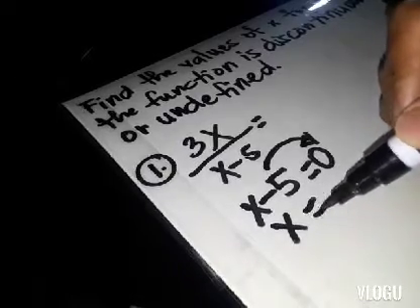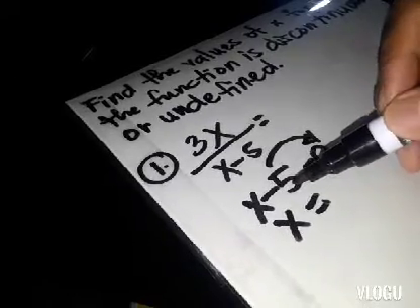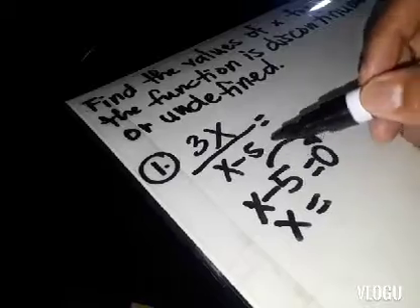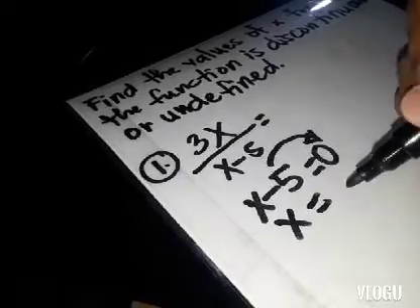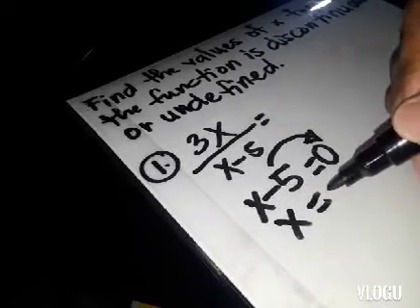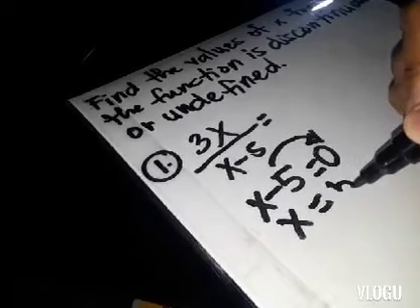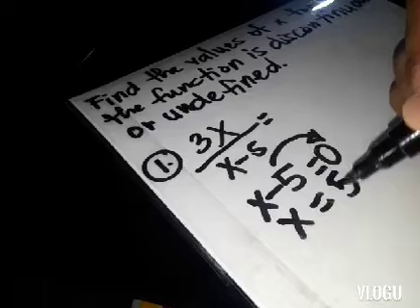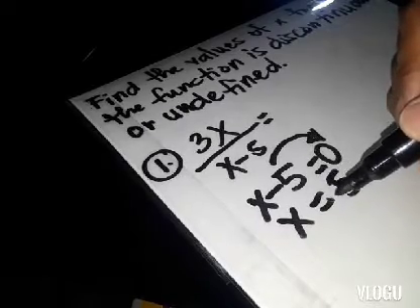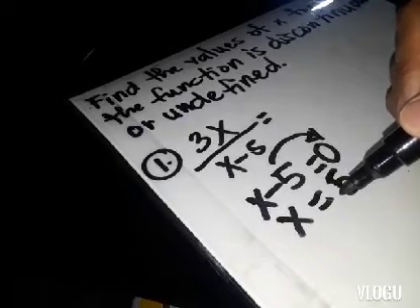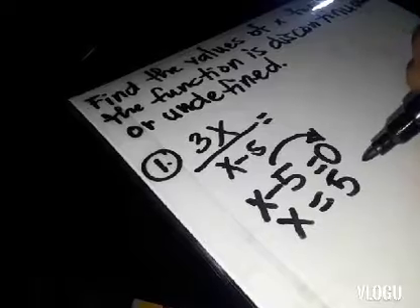So, x is equal to, pag transpose natin ang negative 5 over equal sign, yung negative sign magiging positive na siya, and then copy the number. No need to write positive sign. Pag walang nakasulat, ibig sabihin, positive na siya. And then plus 0.